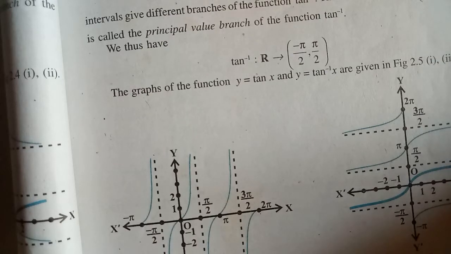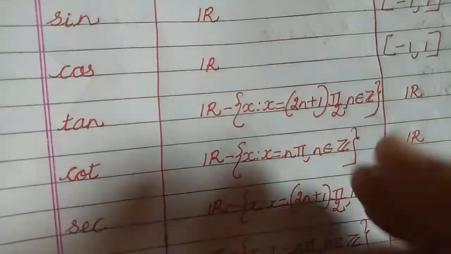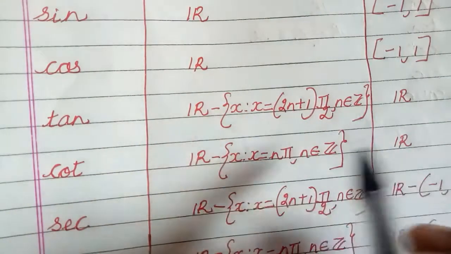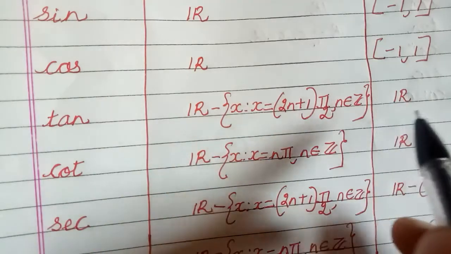So if cos is in the denominator, your tan function will not be defined at odd multiples. So last year we restricted the domain to R minus odd multiples of pi by 2, so that the denominator does not have a problem, and the range was R.